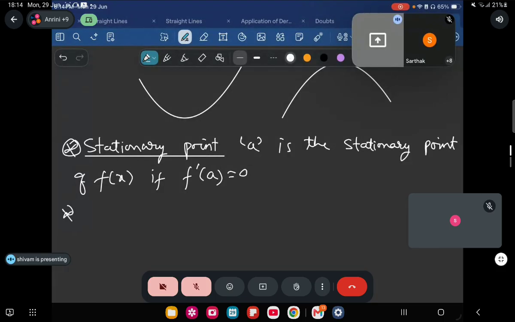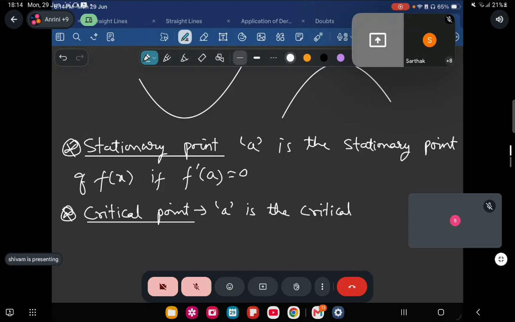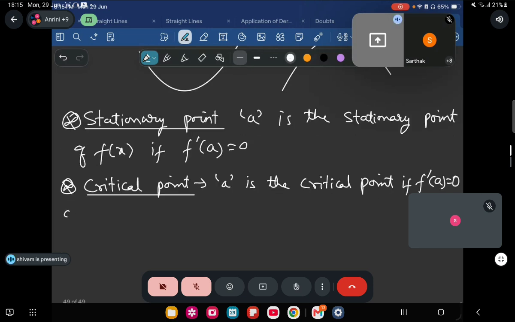Next is critical point. A is the critical point of f if f dash a is equal to 0, or f dash a is not defined.